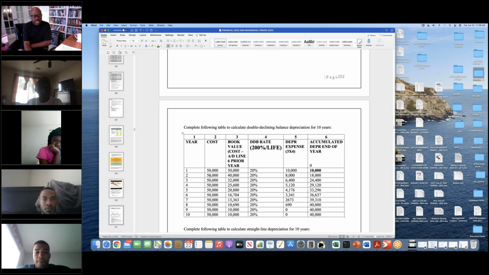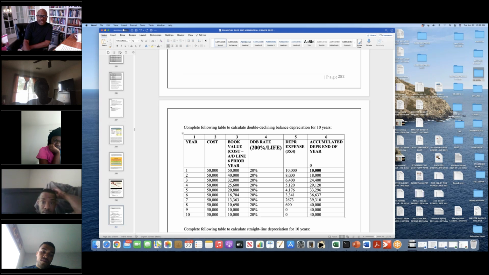Now, when we get ready to go to year two, it's going to be 50,000 minus whatever is in column 6 for the prior year. Remember, column 6 for the prior year was 0 when we first got the asset, but now we have $10,000. And so it's 50 minus the 10 gives us 40. We apply the rate at 20%, and we get $8,000.